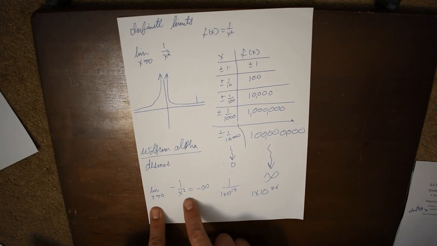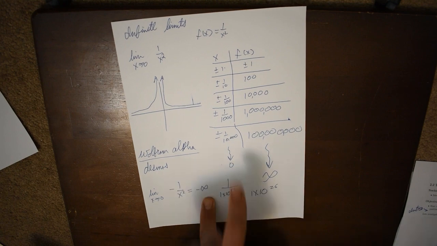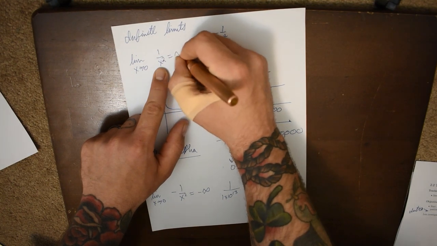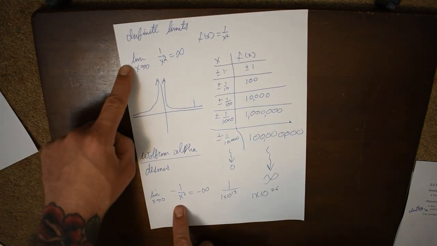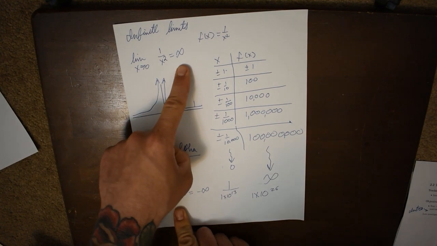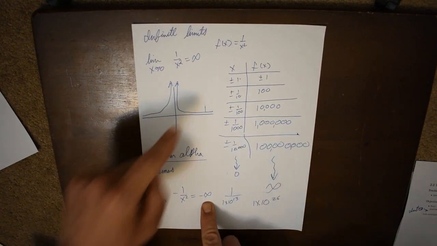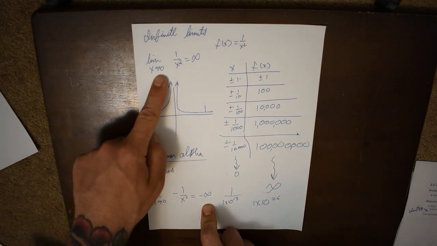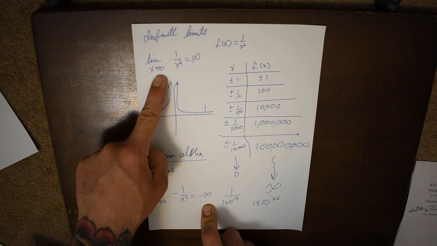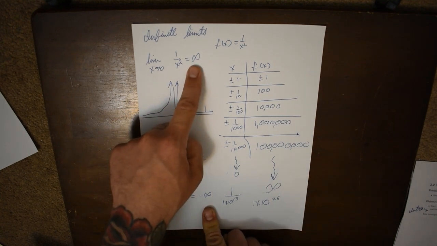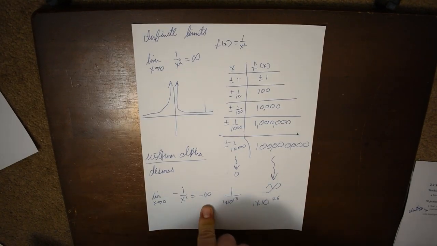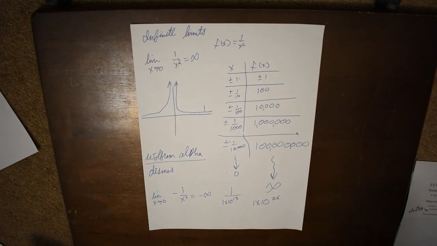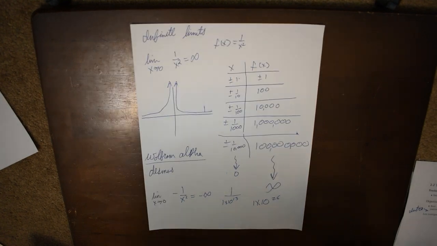By saying this is equal to negative infinity, or by saying that this is equal to positive infinity, I'm not saying that at any point they take on these values. I'm just saying that as x is getting closer to 0 from both directions, the y values are going to increase without bound, or decrease without bound. It's that without bound part that's actually kind of important.